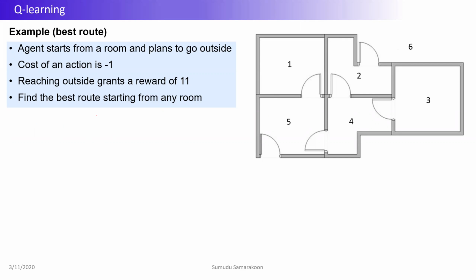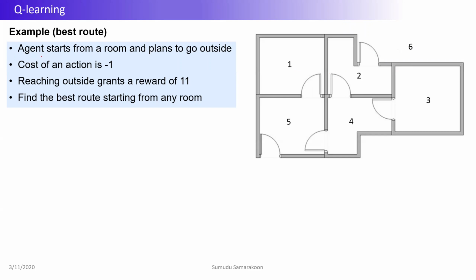In this example, the goal of the agent is to find the best route to go outside from any starting position. Suppose the layout is given like this, and we have numbered the rooms from 1 to 5, and the outside is numbered as number 6.